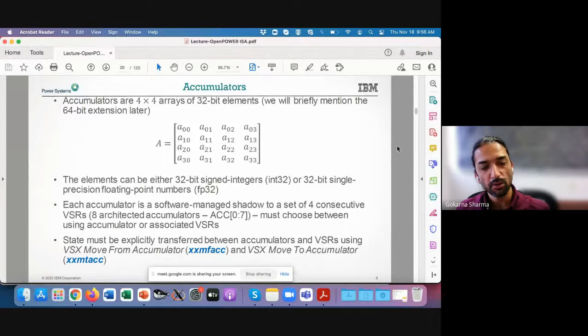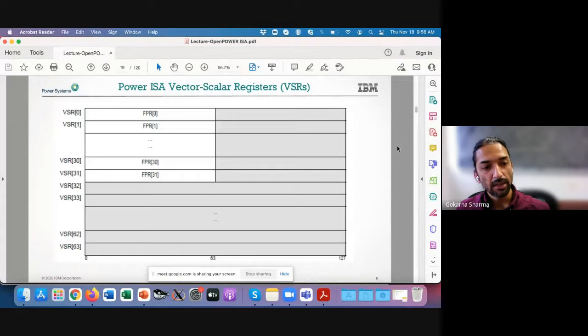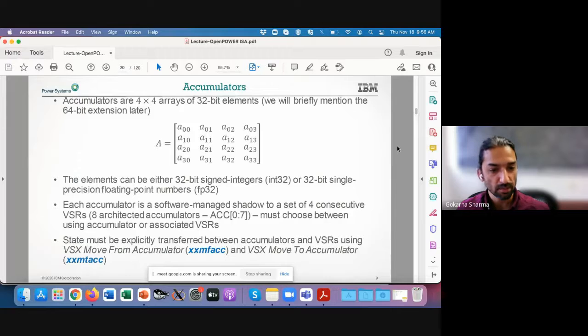Think about one row of the accumulator, which is 128 bits. One VSR is 128 bits, and there are 4 such rows of 128 bits. So you can use these 4 VSR registers to represent this accumulator.